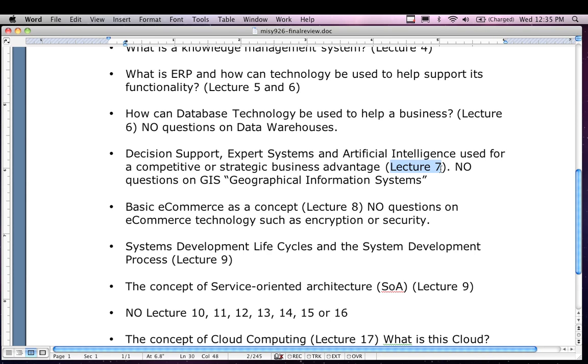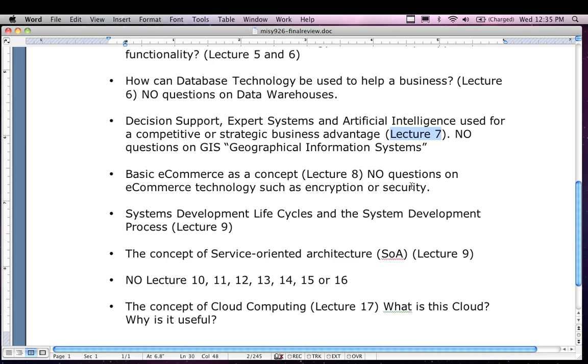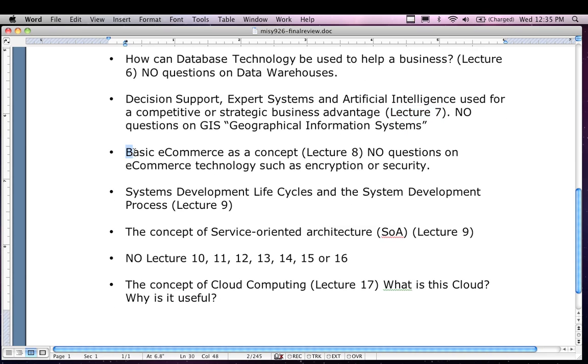Some very basic e-commerce concepts are covered. I would know what e-commerce is, what an e-business is, and some of the advantages that e-commerce offers in the business world in terms of the use of internet technology, the ability to break the traditional channels of distribution.